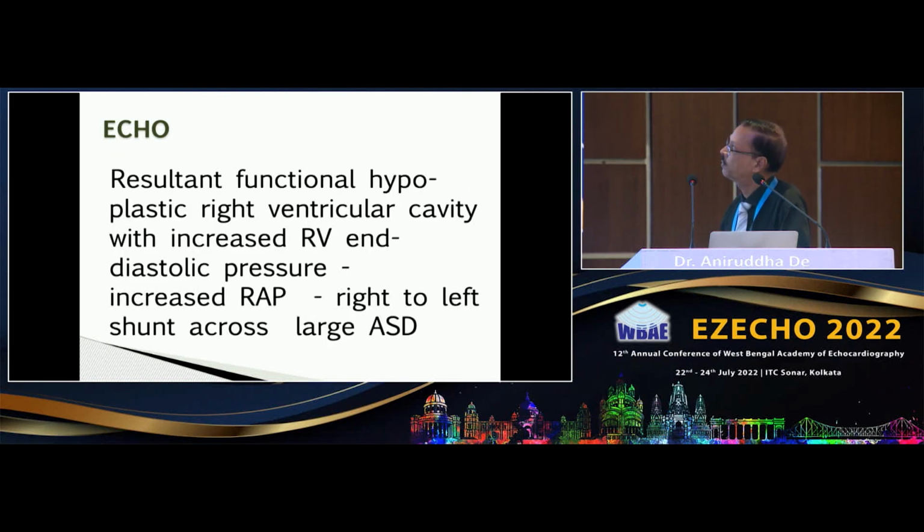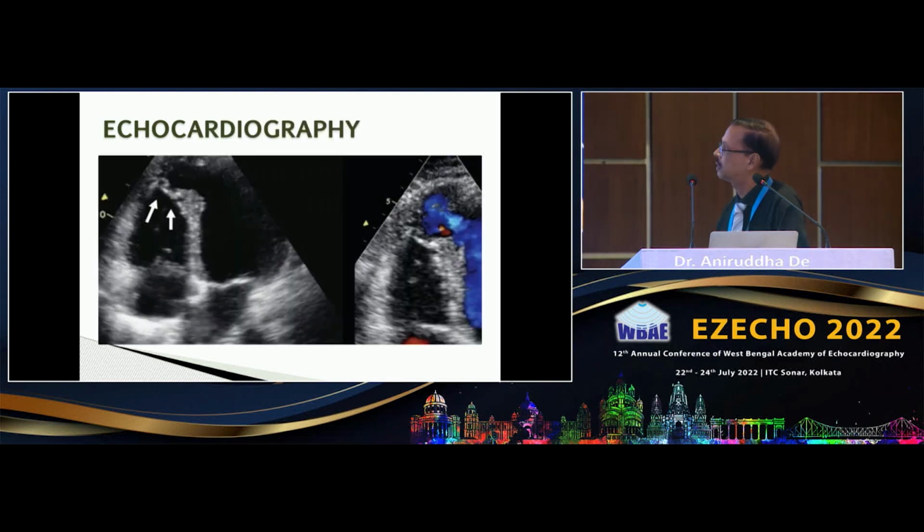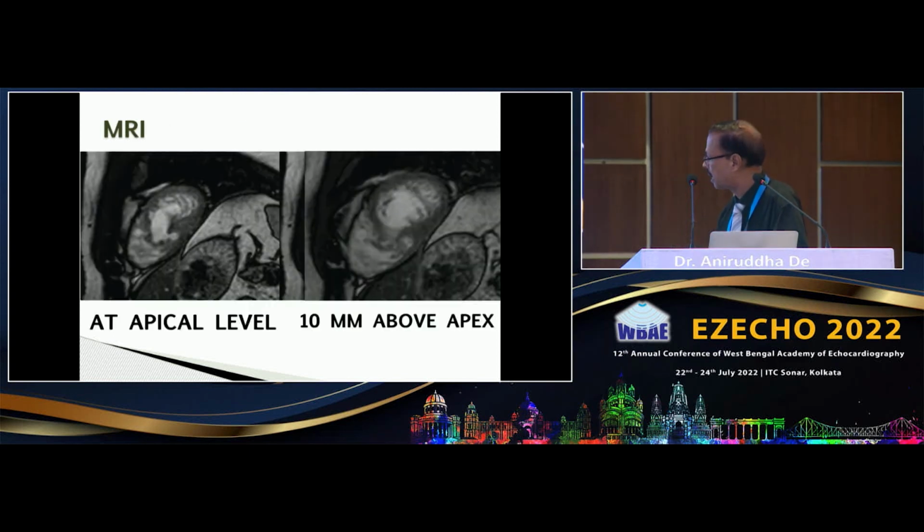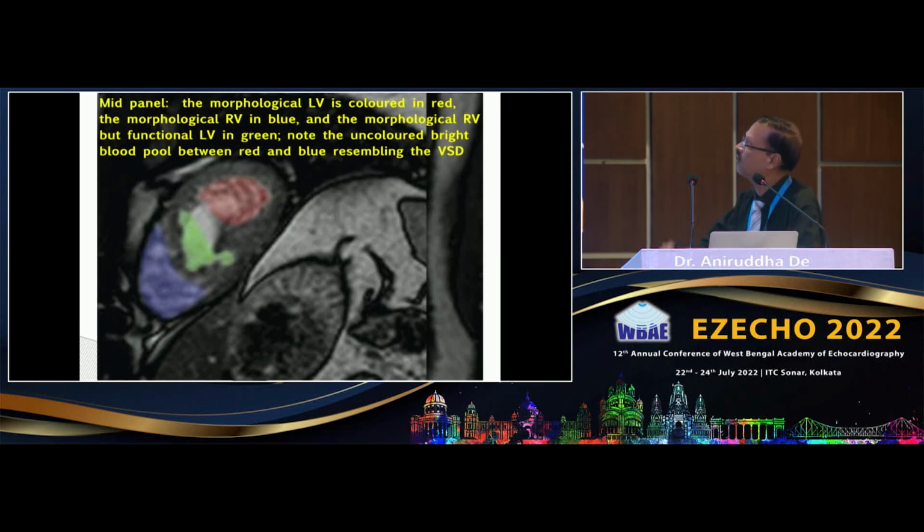Anyway, the shunt is because of the pressure difference. Ultimately, first the VSD was there, and ultimately the moderator band closed the VSD, like a 1.5 ventricle. If you do the MRI of this patient, there is a very interesting finding.